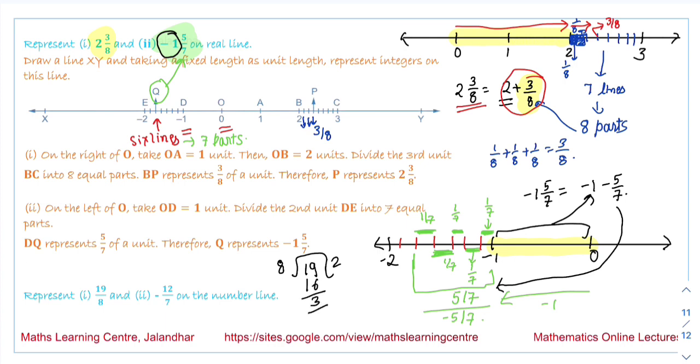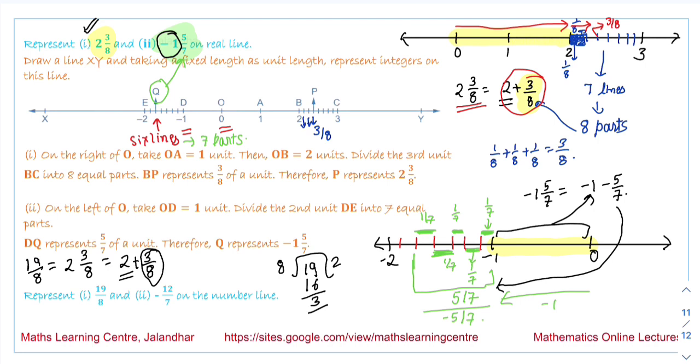It means 19 by 8 is equivalent to the number 2 whole 3 by 8. And from the last example, we already know how we can draw the number 2 whole 3 by 8. It is just like 2 plus 3 by 8, that is we have to move 2 units, and after that in the next interval we have to find the 3 by 8th part.